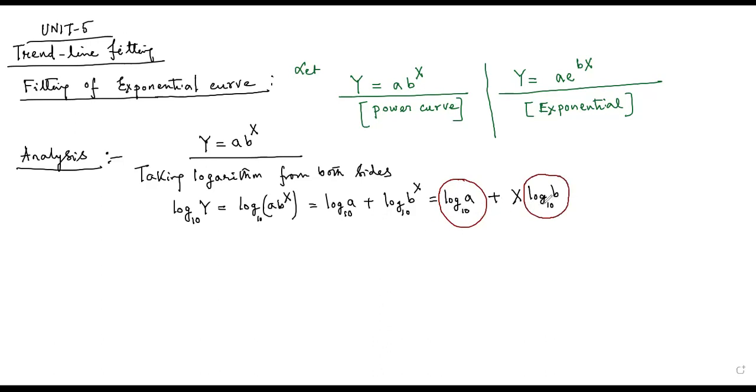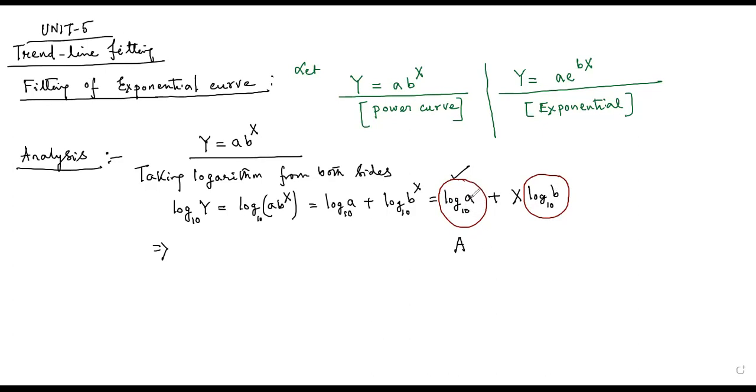It is log a to the base 10 and b to the base 10, and we can replace this quantity by a term called capital A, because you know that this term is constant once small a is known. But in this particular case, small a and small b are unknown.